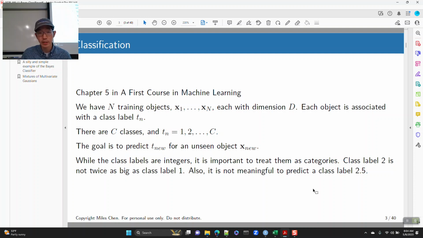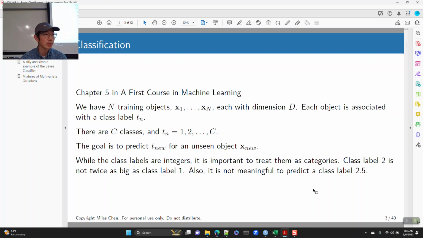These are the classes that our objects can belong to. The goal is, if some new observation, x new, comes in, we can correctly predict the class it belongs to. Again, while the class labels are integers, we have to treat them as categories.